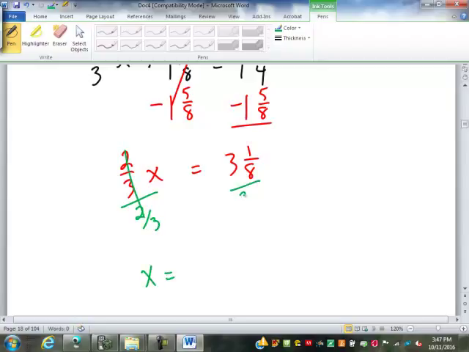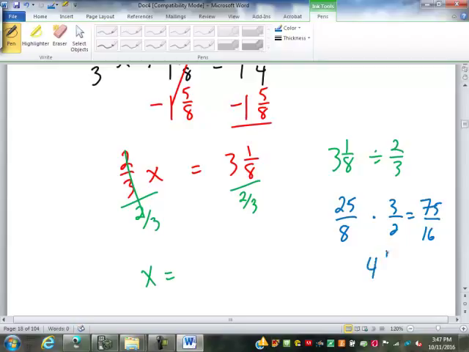There's this x here. Divided by 2/3 there, so we got 3 1/8 divided by 2/3. 24 plus 1 is 25/8. Times 3/2. 75/16, which is 4 11/16. How many had 4 11/16?